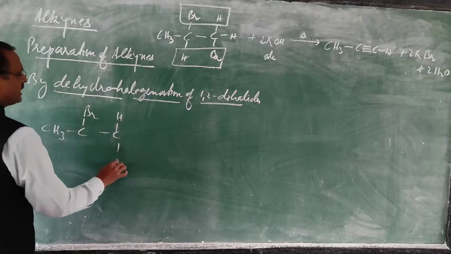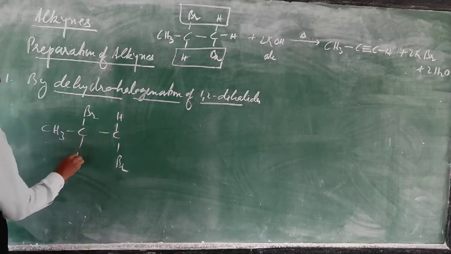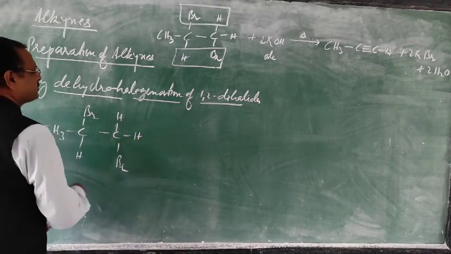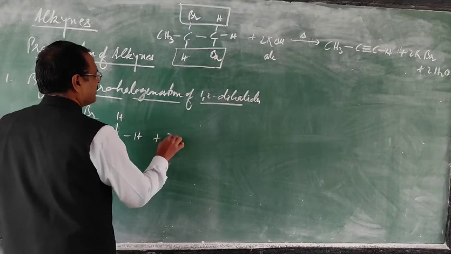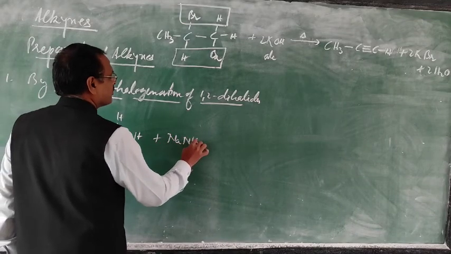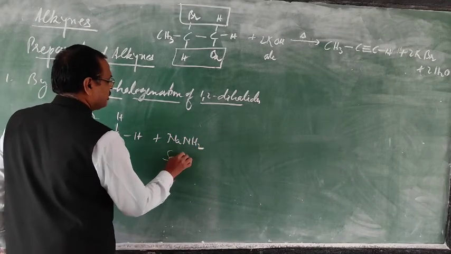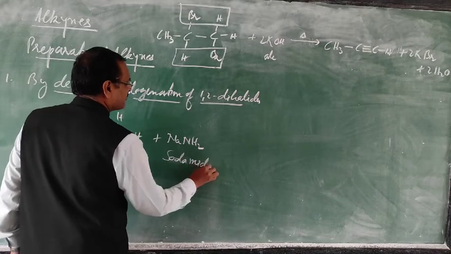What is sodamide? Just you see, NaNH2. This compound is called sodamide.